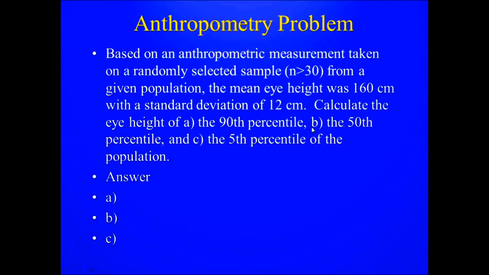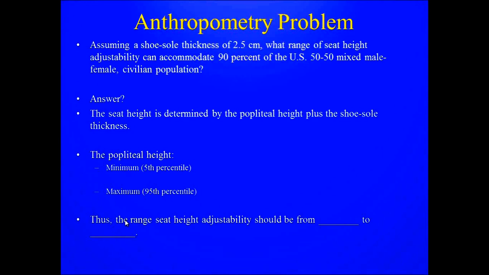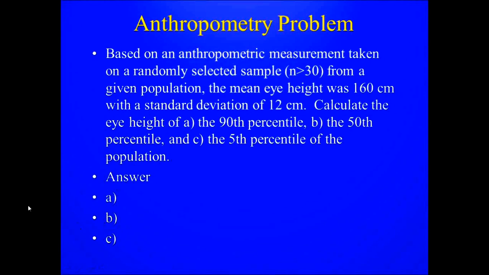If I'm asking you for B, the 50th percentile, you don't have to apply that equation because you don't need the z-scores or standard deviation, so you know that would be 160 centimeters. So you can quickly do the calculations, given the information I presented, for A and C.